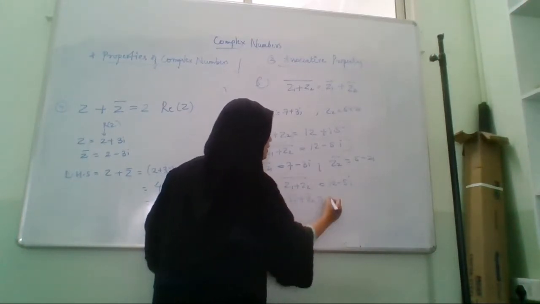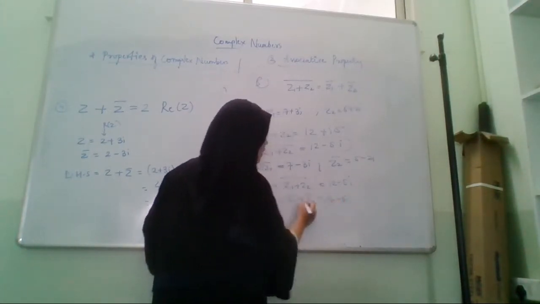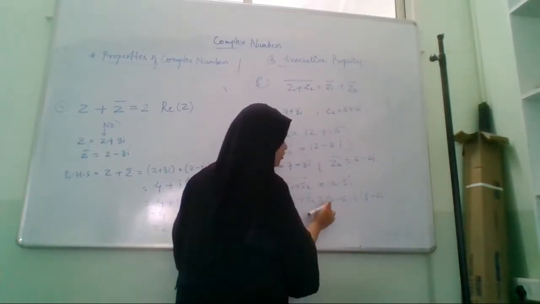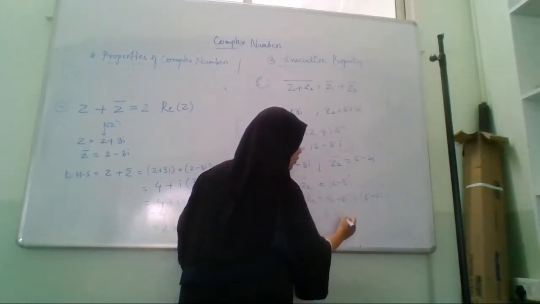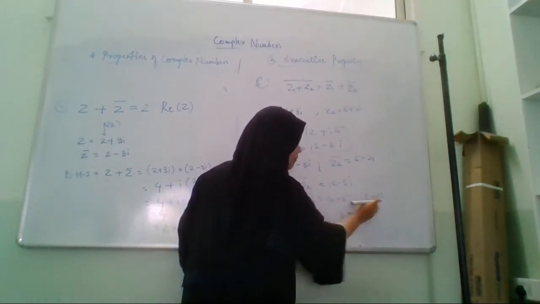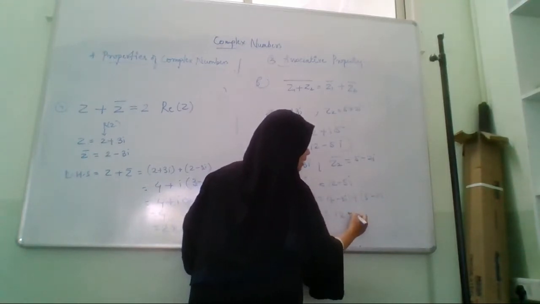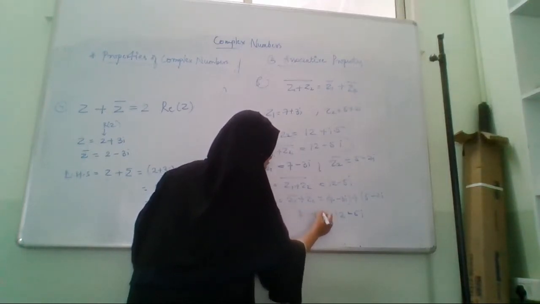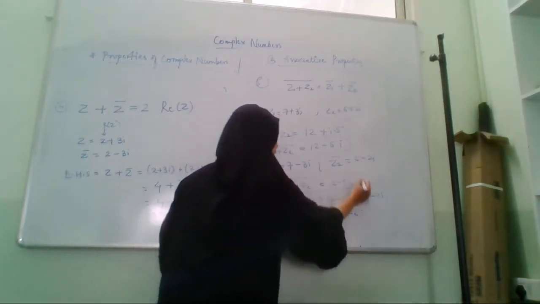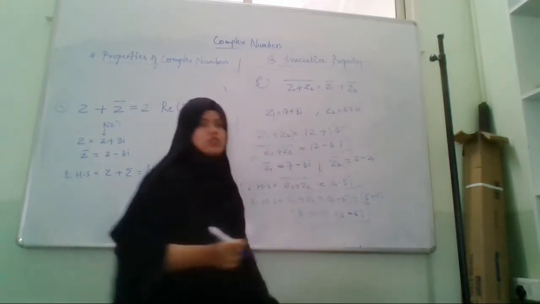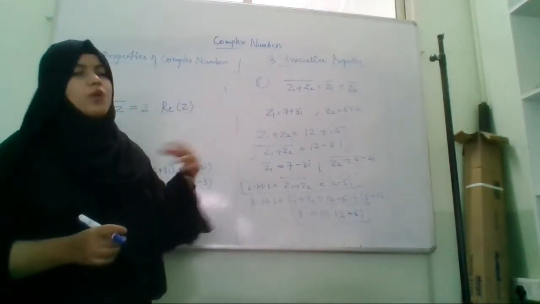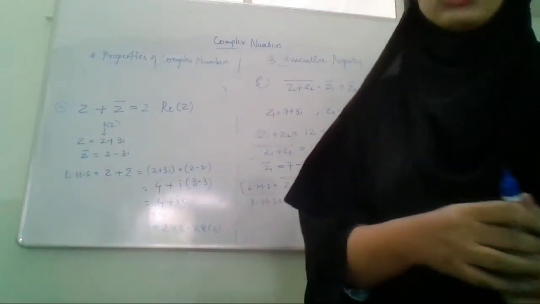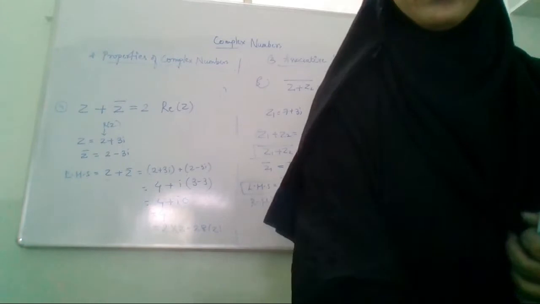Your Z1 bar is 7 minus 3i plus Z2 bar, 5 minus 2i. Now find its addition. 7 plus 5, 12. Taking minus common, minus 3 minus 2 will be minus 5i. So this is your RHS. From here and from here, your RHS is equal to your LHS. So this property also holds. So these are all 5 properties of addition of complex numbers.